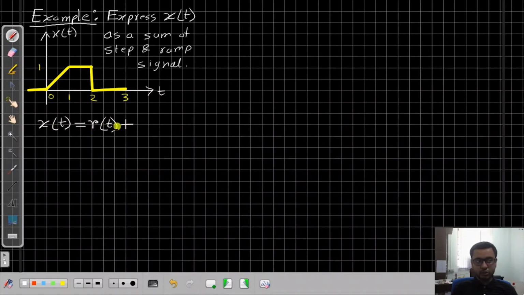But x(t) is not the same as r(t). Why? Because if I draw r(t), that looks like this. It continues to increase forever. However, x(t) stops increasing at this point and becomes flat. So this is r(t), and r(t) is not the same as x(t).